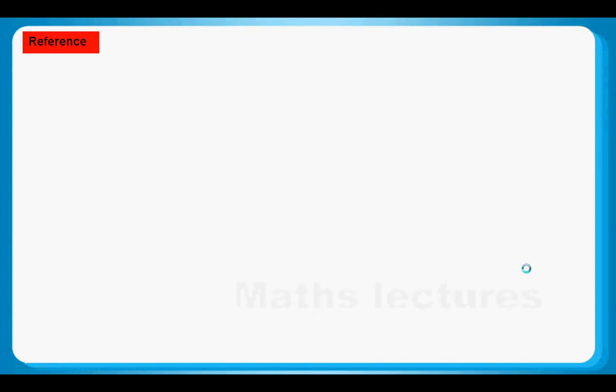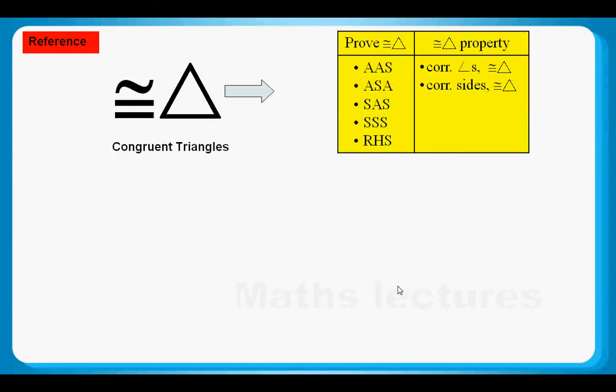Because in question 19 part A, part 1, we have to prove congruent triangles. Let me give you a little reminder here. Whenever we deal with congruent triangles, we have two areas to deal with. One area is proof, the other area is the use of properties.